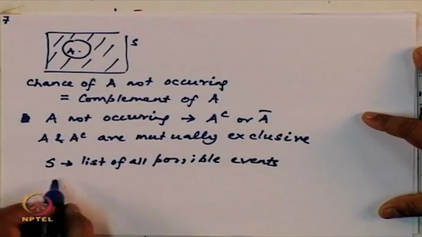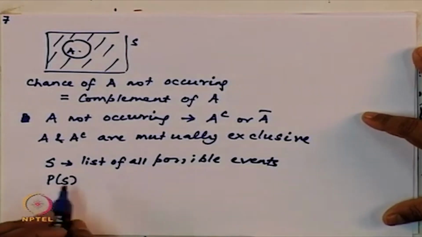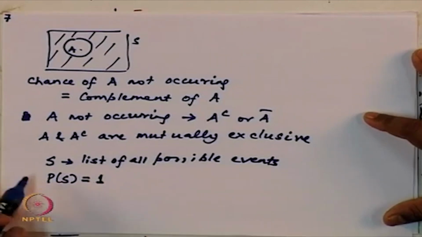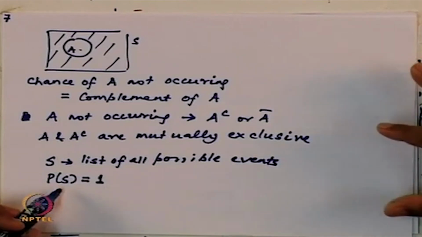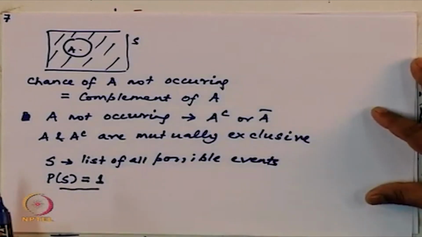So, clearly, I can say the probability of S is equal to 1. If S is the list of all possible outcomes, then the chance that S will occur is 100%. That is why you write the expression probability of S is equal to 1.